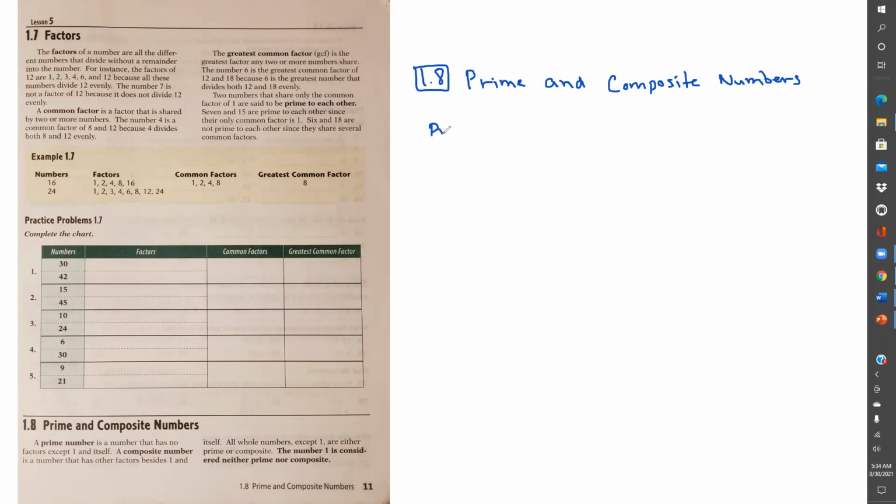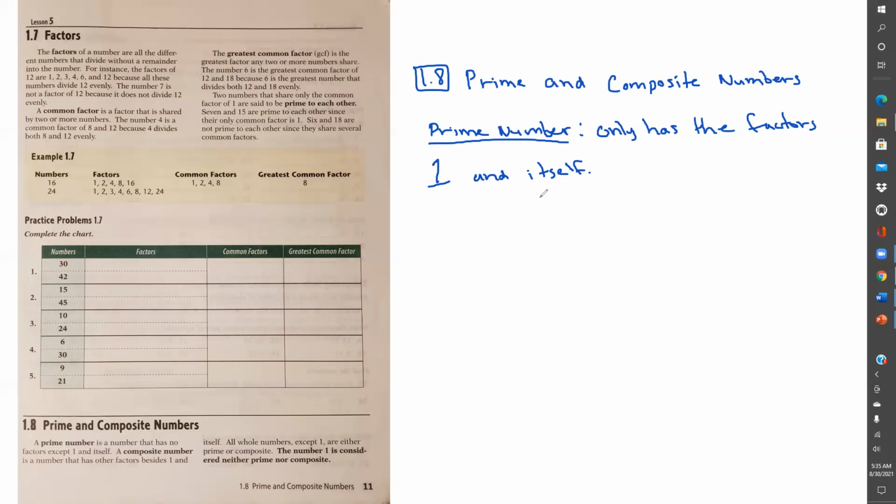So we can remind ourselves that a prime number only has the factors 1 and itself. So 1 is a factor and the number itself is a factor.